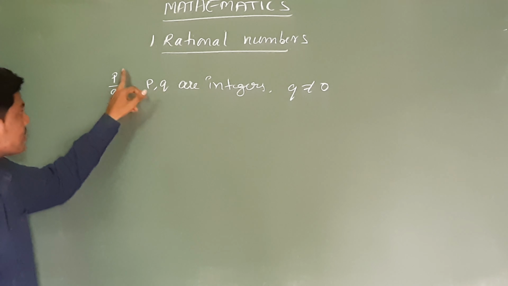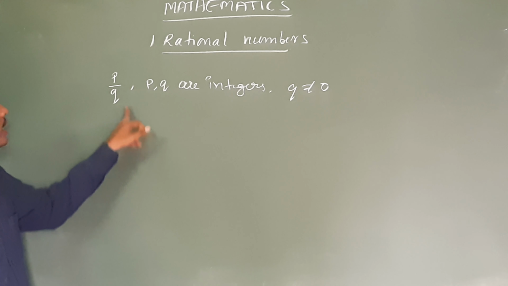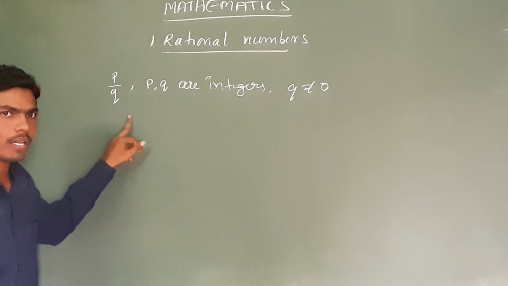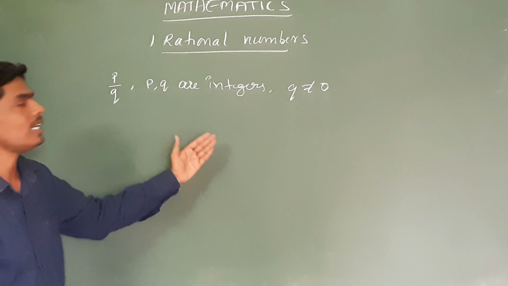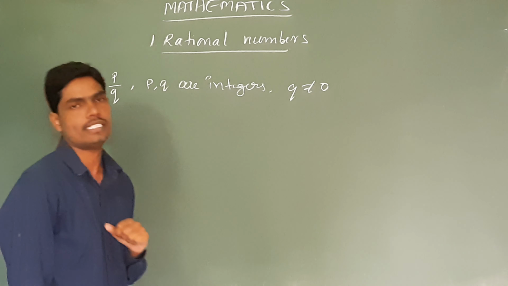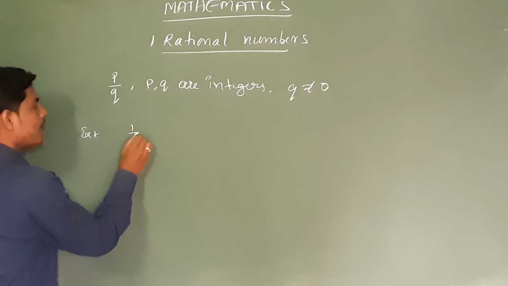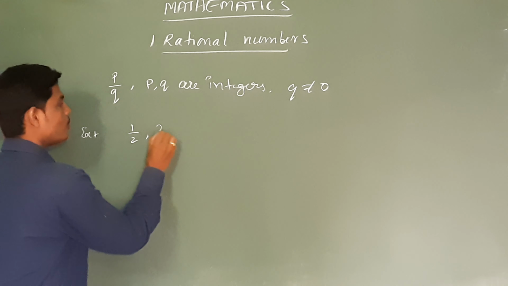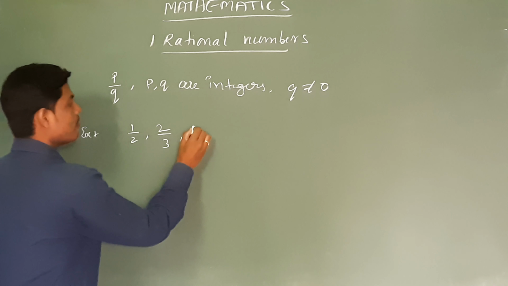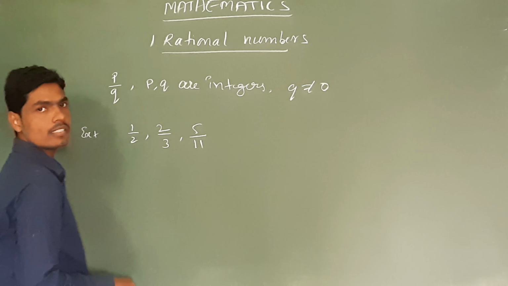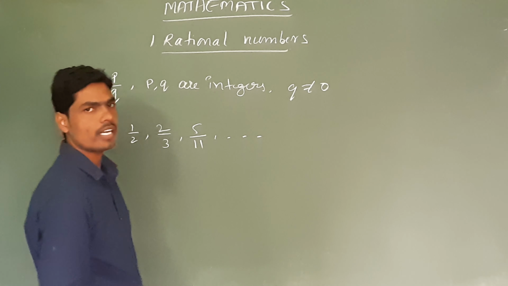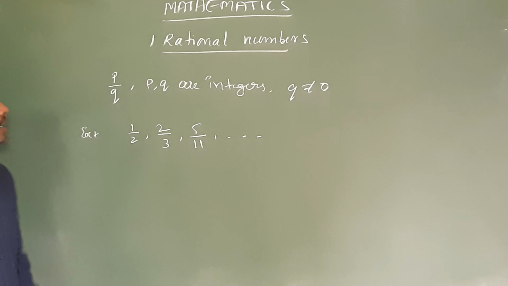That means in the place of numerator and denominator, we can replace by any integer. For example, 1 by 2, 2 by 3, 5 by 11, and so on. You can take any of the numbers.